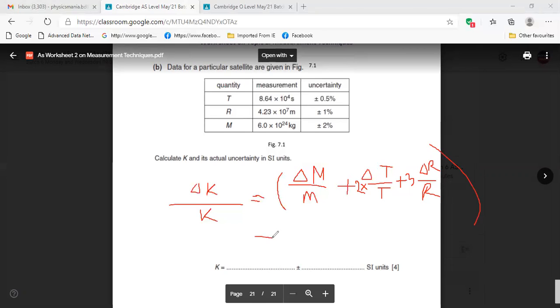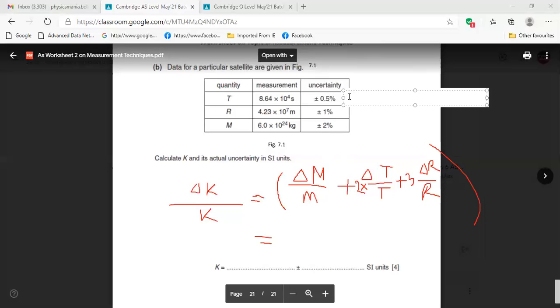Now you put the values this way. 0.5 is equal to, then you check del m by m.